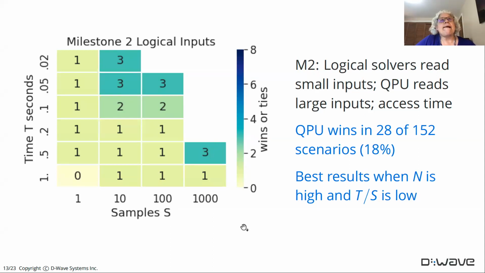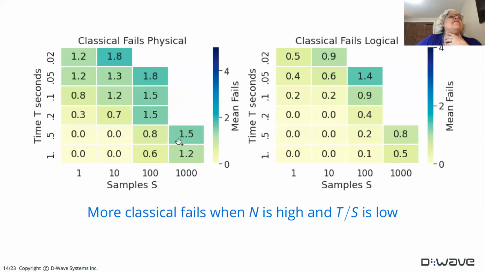Okay, so let's talk about these fails. I don't want to go into details too much, but the parallel tempering solver most often failed. This is the average number of solvers that failed in each scenario. And the GPU-based solvers never failed. They were always able to return solutions in the times we tested.